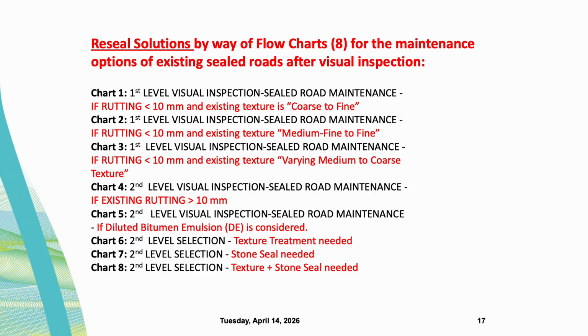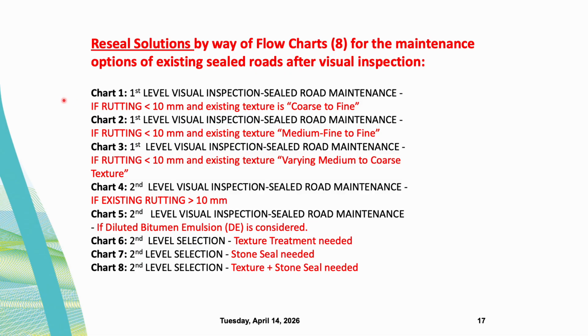Now, reseal solutions. In terms of resealing an existing pavement, there are flowcharts in this module for the maintenance options of existing sealed roads after the visual inspection. After the visual inspection, there are 8 charts, and we will go through chart by chart to show you what information you can get from them.